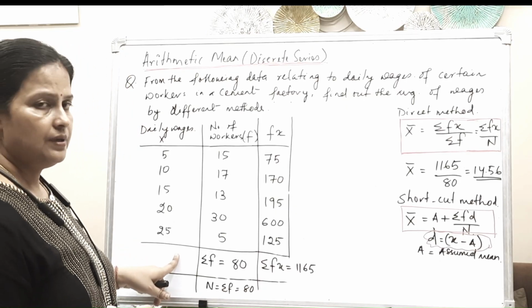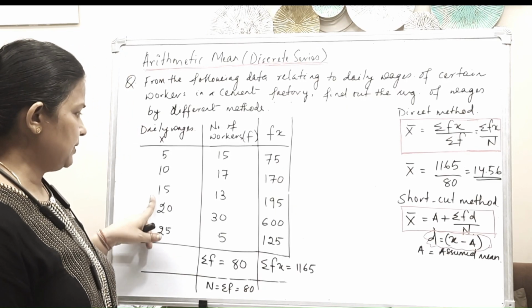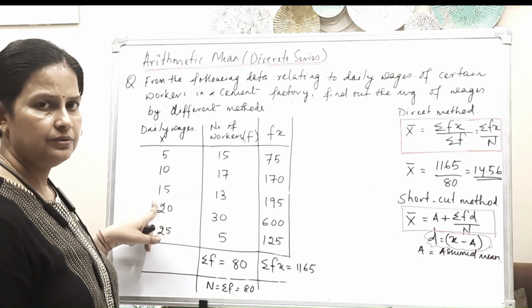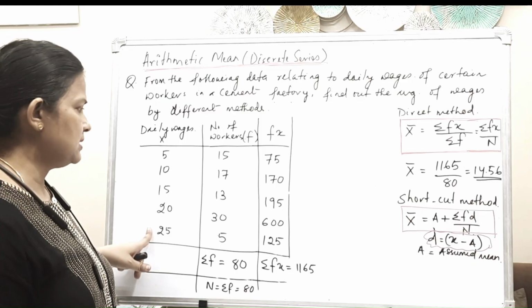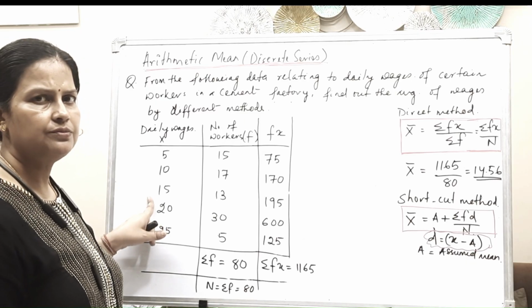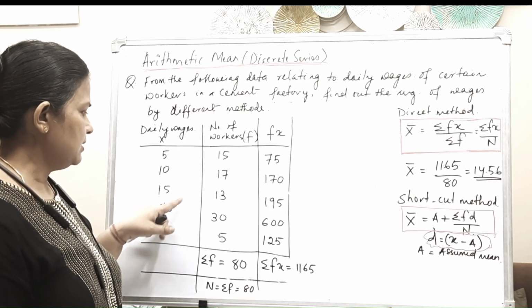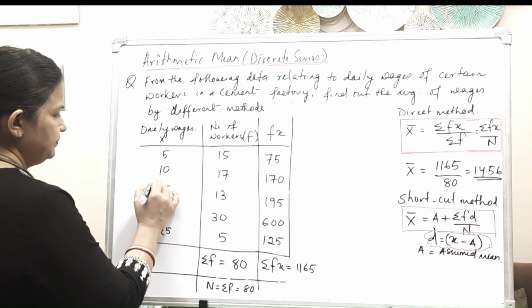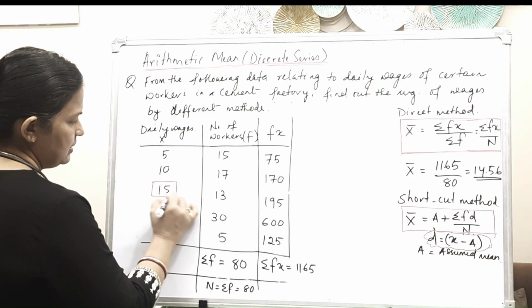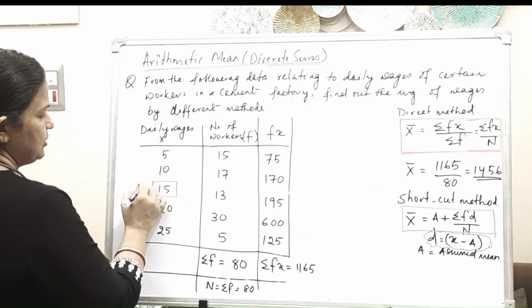So it's better to always assume the mean as the middle value. So let us assume this 15 as our assumed mean.